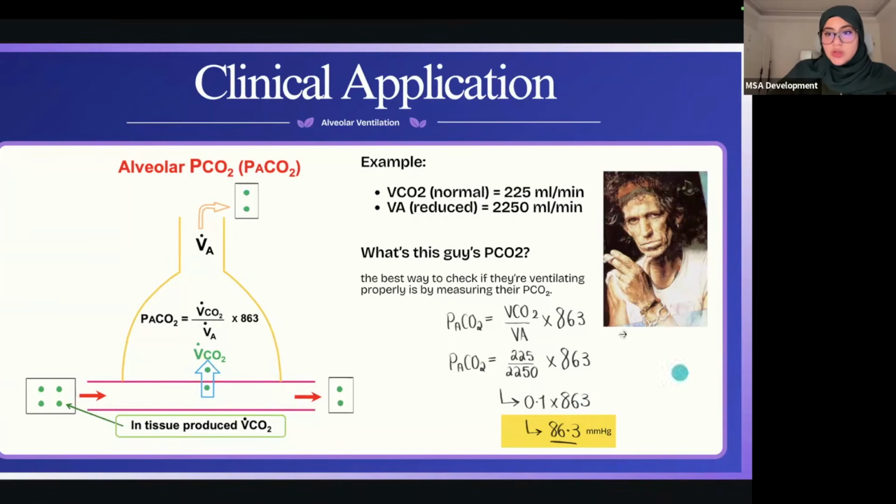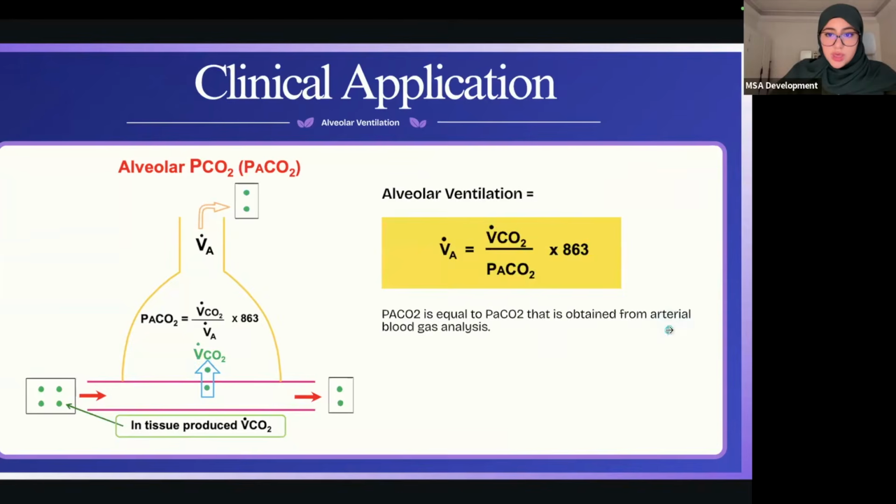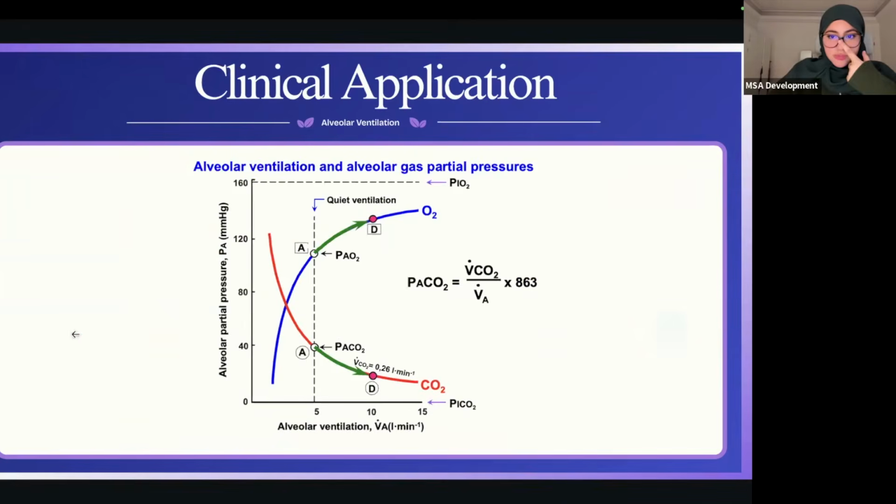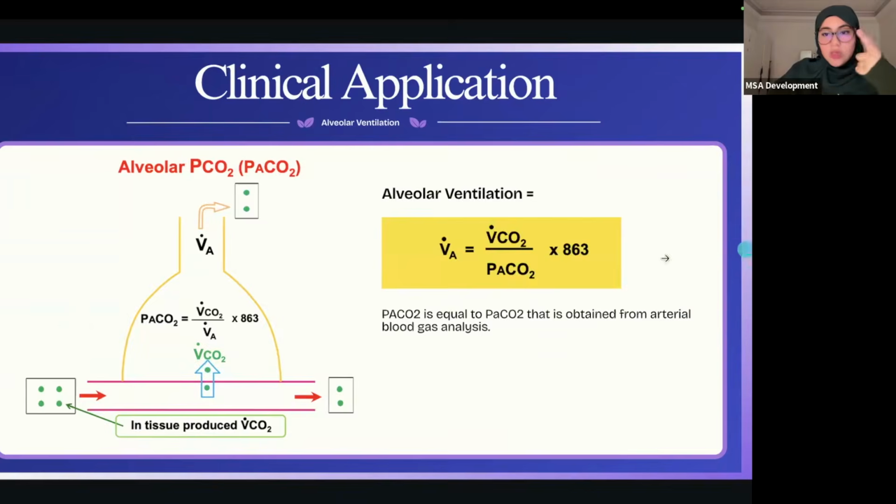And so you know that he's not really ventilating properly. There's probably an accumulation of CO2, for example. Oh, wait, hold on. If you rearrange the values, you can figure out his alveolar ventilation, like how much he's actually ventilating. So here's another way.